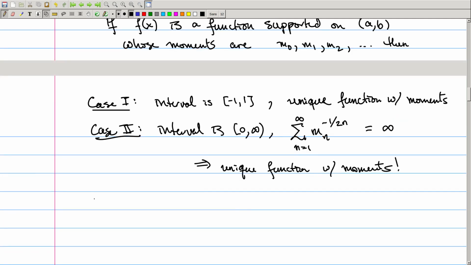And finally, in case 3, in this case, the interval is the whole real axis.